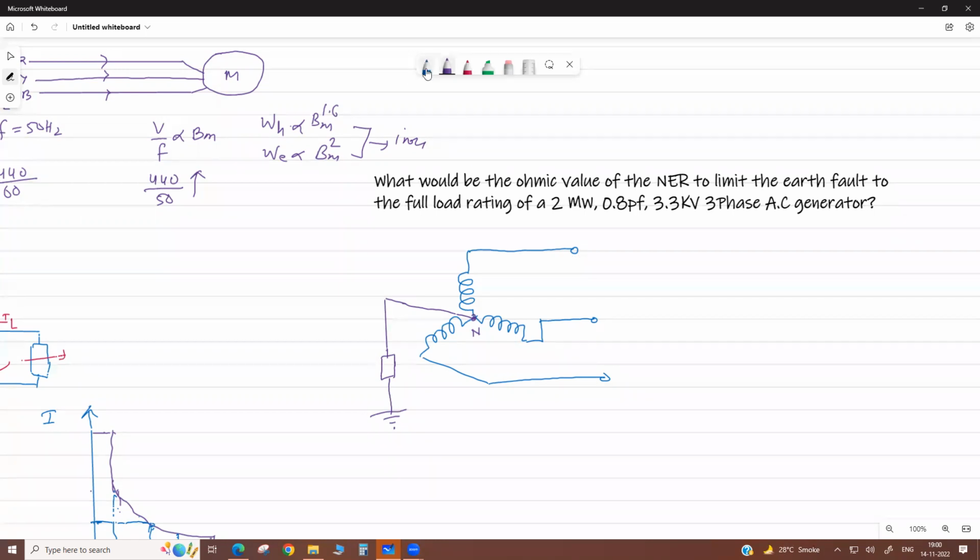Suppose in the normal case, it carries the load current. This is your three-phase load here.